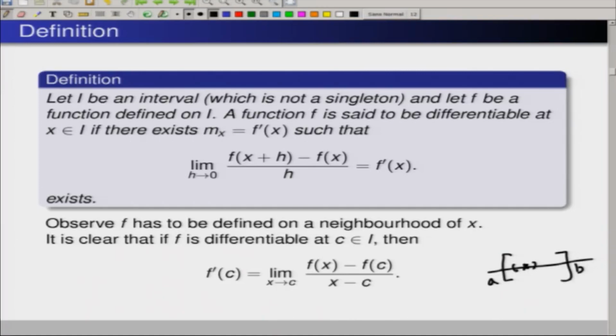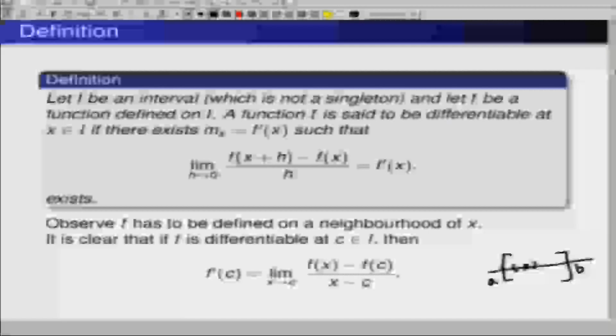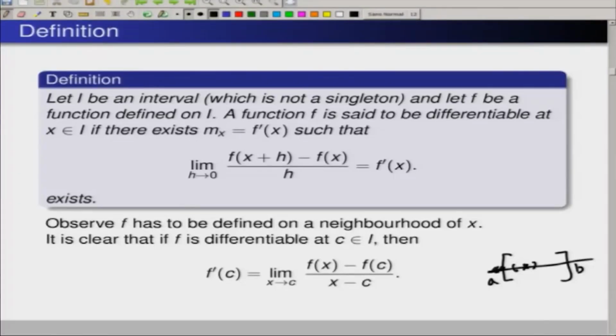But if I am taking my x to be at a, then for any positive h, a minus h does not belong to the closed interval a b. That means I do not have any information about the function on this side.